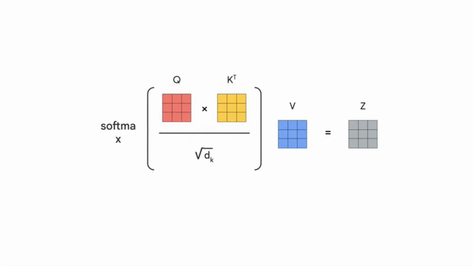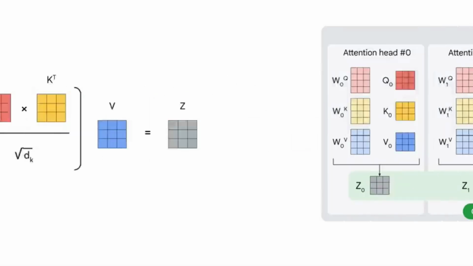Once we have the query, key, and value vectors, the next step is to multiply each value vector by the softmax score in preparation to sum them up. The intuition here is to keep intact the values of the words you want to focus on and leave out irrelevant words by multiplying them by tiny numbers like 0.001, for example.